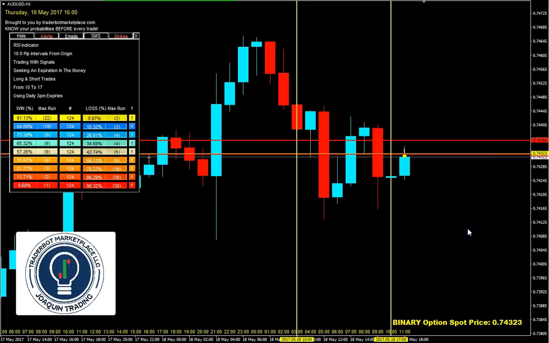Okay, the probabilities go up for a 3 p.m. expiry dramatically, from like 48 to 57%. We've got a 57% ATM win rate and a 42% loss rate. 9 wins in a row, 5 losses in a row.